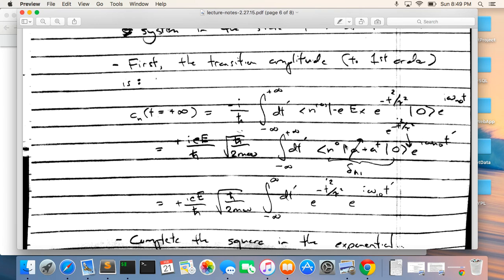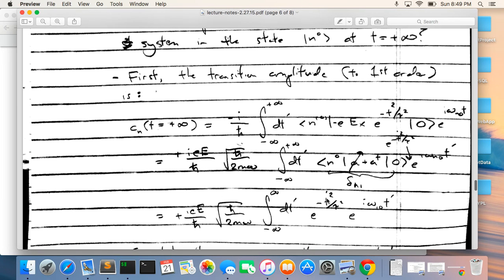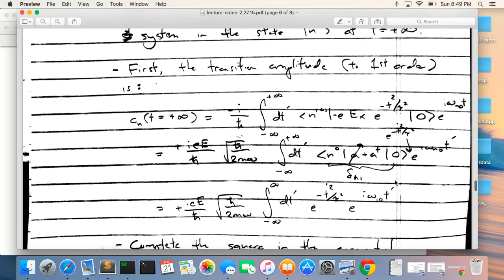Once I do that, what I'm left with are time-dependent exponentials. When I see an exponential that goes like t prime squared and another that goes like t prime linear, that tells me that the best way to evaluate this, besides plugging it into a computer, would be to complete the square in the exponentials.